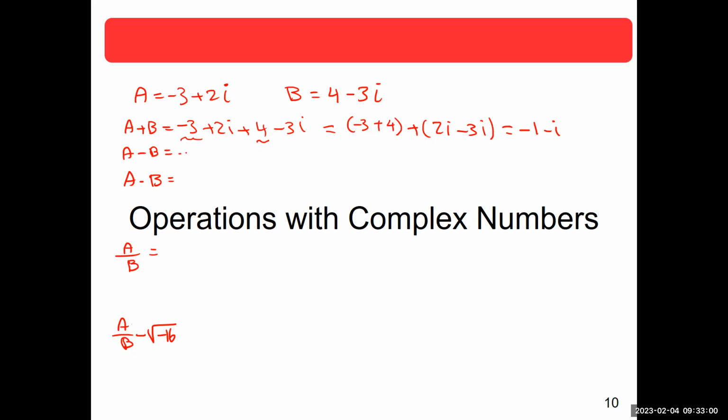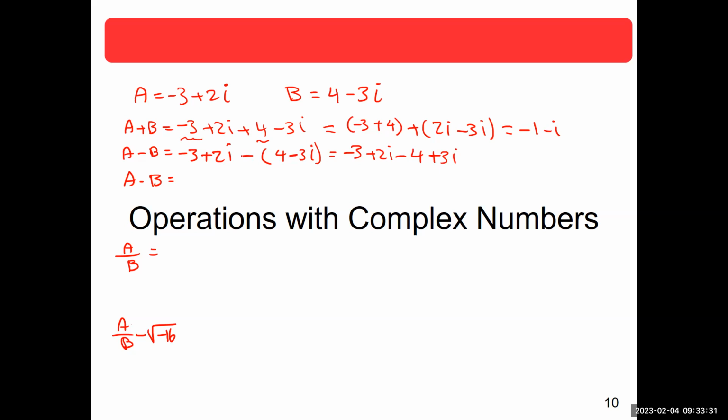In subtraction, remember, guys, you must put parentheses. -3 plus 2i minus open parentheses 4 minus 3i. We have to distribute the negative first. -3 plus 2i minus 4 positive 3i. Here is the deal. This has become positive. It's not negative anymore.